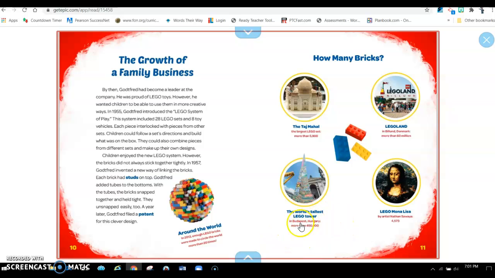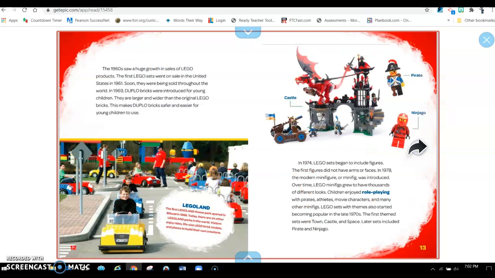The world's tallest Lego tower is in Budapest, Hungary, more than 450,000 Legos. Oh my goodness. The Lego Mona Lisa by artist Nathan Sawaya is 4,573 Lego bricks. Guys, we are learning a lot about Legos and this brand.